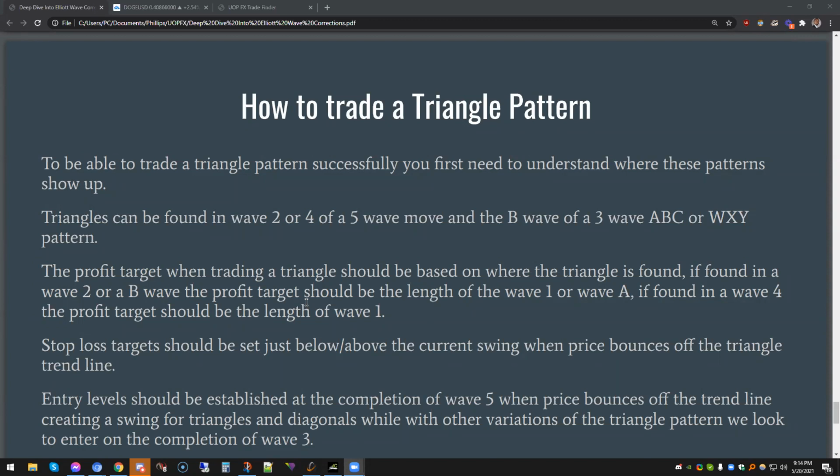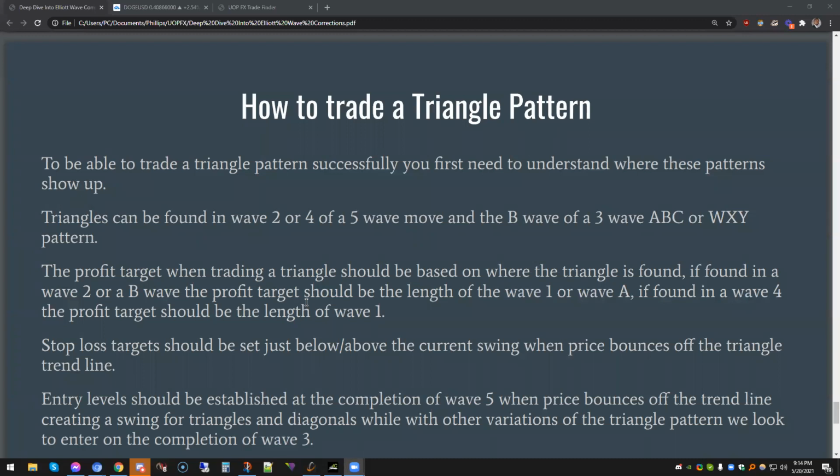I know typically it's taught differently. Normally it's taught that you would use the base, the wide side of the triangle, to project the profit target. From my years in trading, I've realized that it is not always the case, because we have so many different variations of triangles.